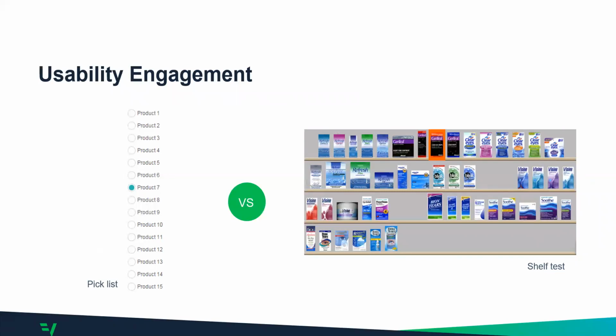The shelf test is going to be more intuitive to the respondent here because that mimics what we do in real life when we go shopping at a pharmacy. And it's a lot easier for us to comprehend an array of images than a list of text, making it a more efficient and user-friendly task for the respondent.